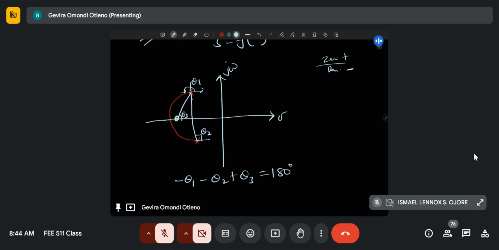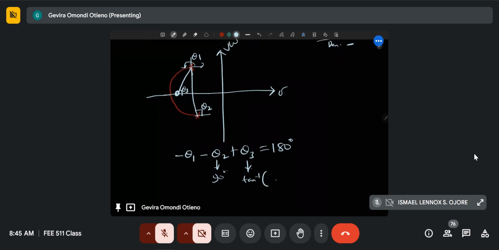Now, clearly, you can see that theta 2 is going to be 90 degrees. And theta 3, you can determine because it's going to be the inverse tangent of the opposite over adjacent, and I'm sure you can get those values if provided. Then that leaves you with theta 1, which you can then determine.